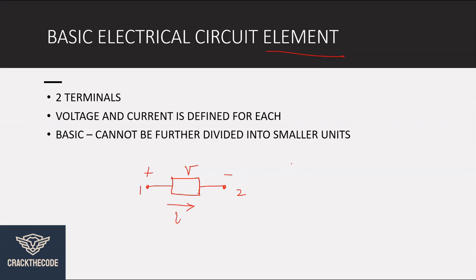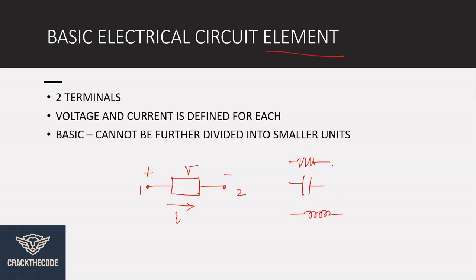An element can be anything that we might have come across in basic courses. It can be a resistor, a capacitor, or an inductor. As you can see, these are the elements.